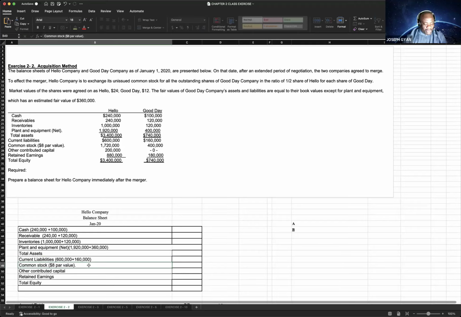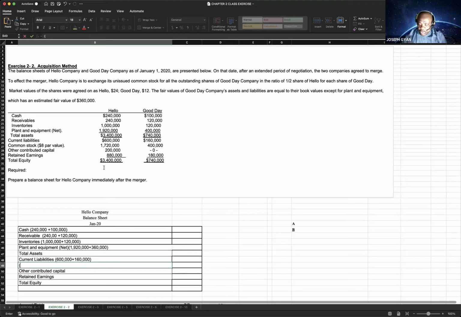When it comes to the common stock here, we have already done the common stock. I'm going to do the common stock here to be easy.